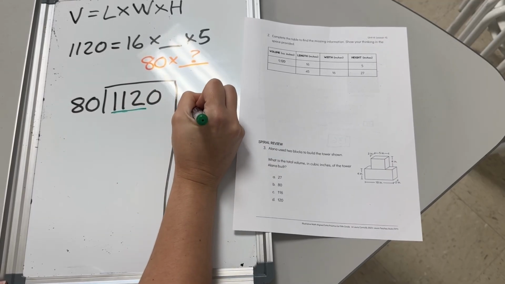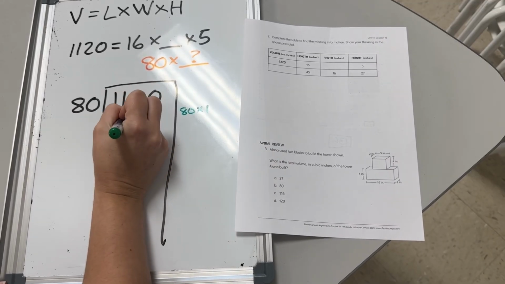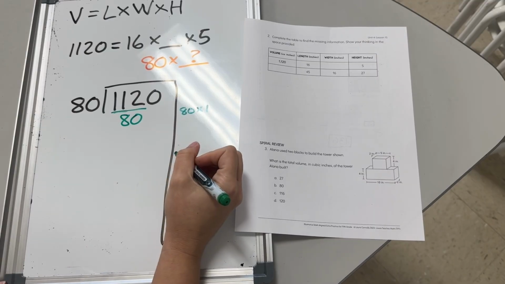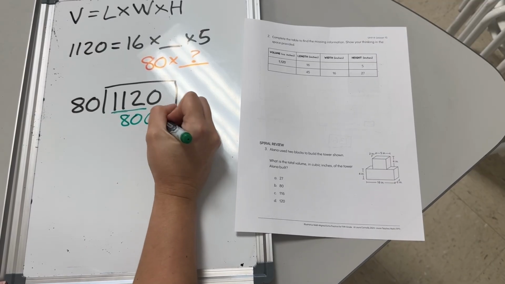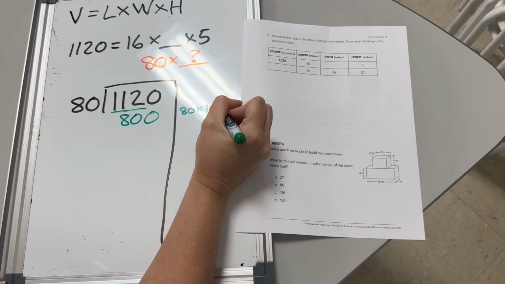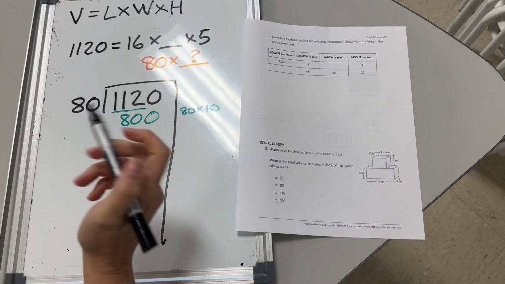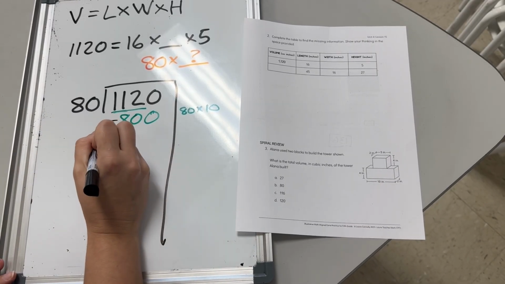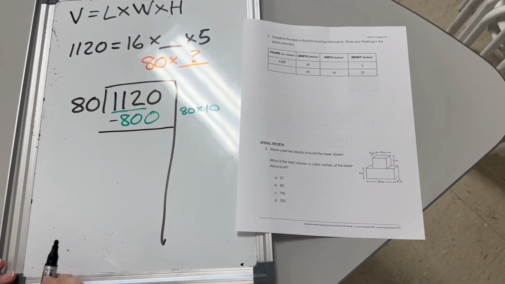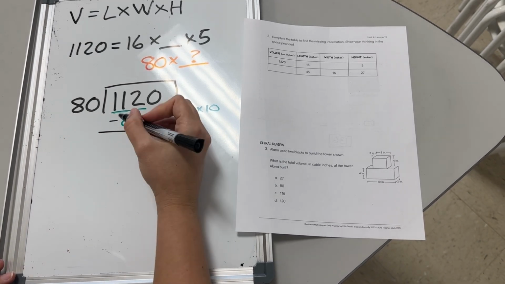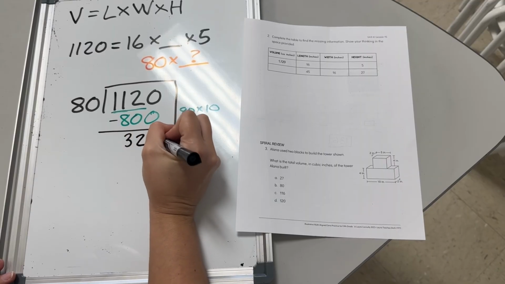So I'll do 80 times 1. And then I'll put 80 under that 112. But I see an open space here, so I'll fill it with a 0 and fill a 0 over here, starting with 800 to subtract. 80 times 10 gave me 800, and I'm going to subtract that from my 1,120, and that's going to leave me 320.